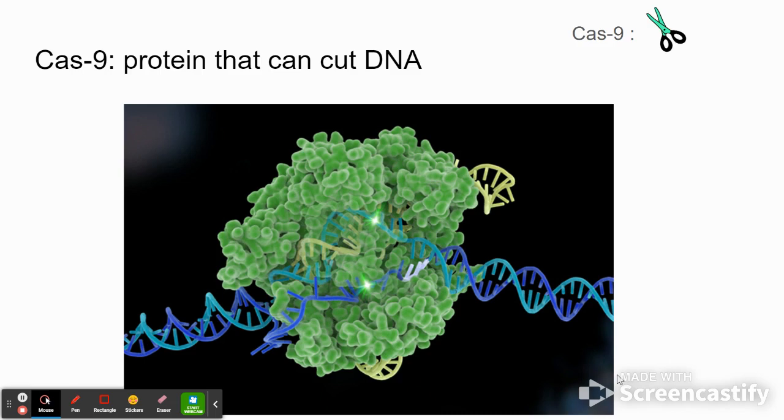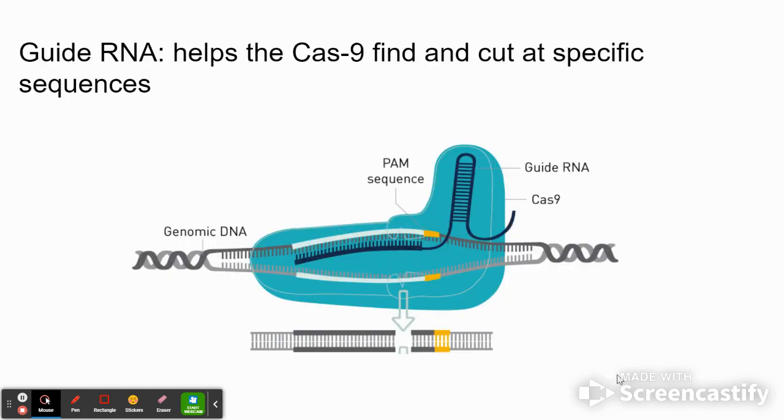From now on, when I talk about Cas9, we're going to refer to it as the scissors. In order for that Cas9 to cut the DNA, it has to know where to cut it. We're not just going to willy-nilly start chopping it up. So we need something called the guide RNA. This guide RNA is going to essentially guide the Cas9 as to where it should be cutting.